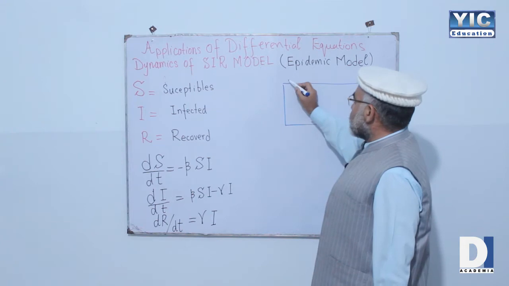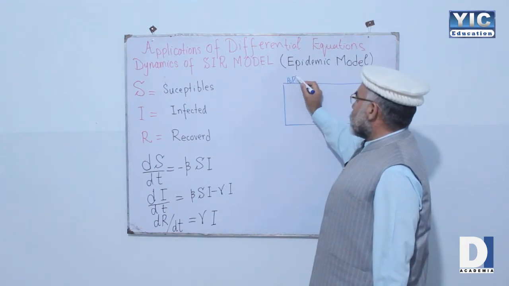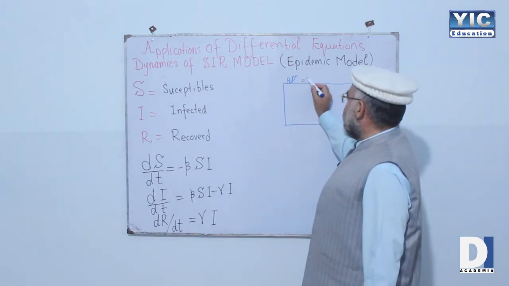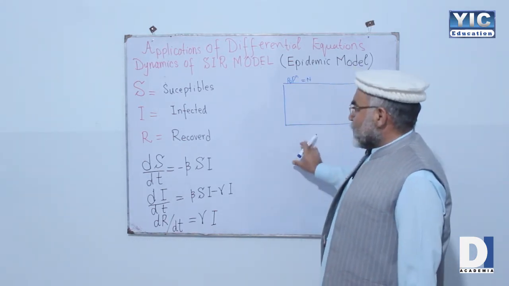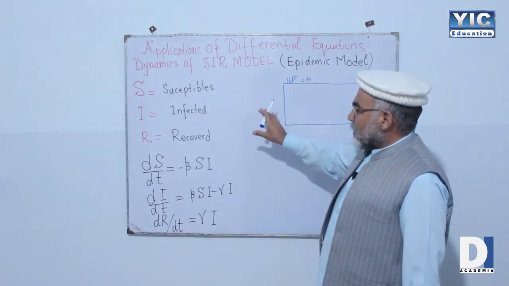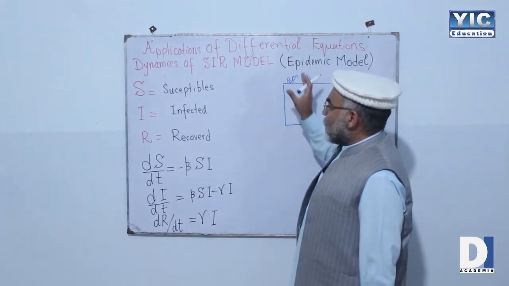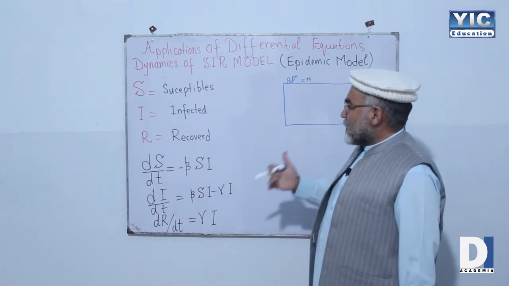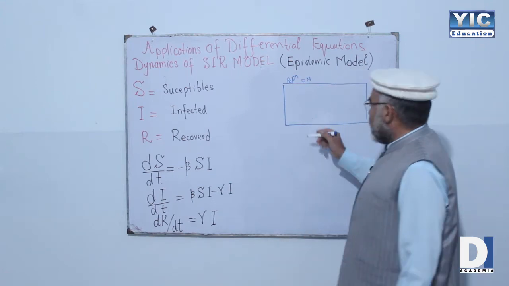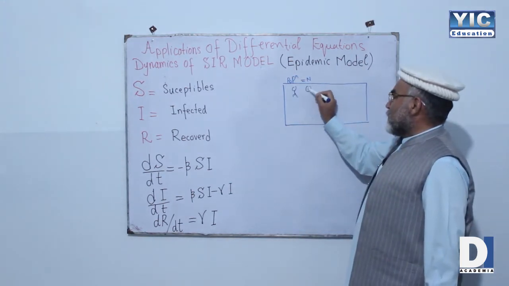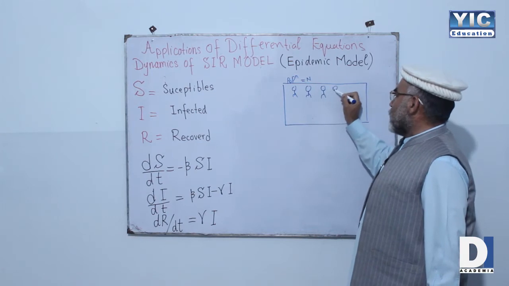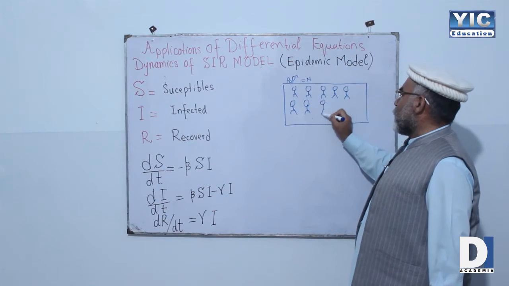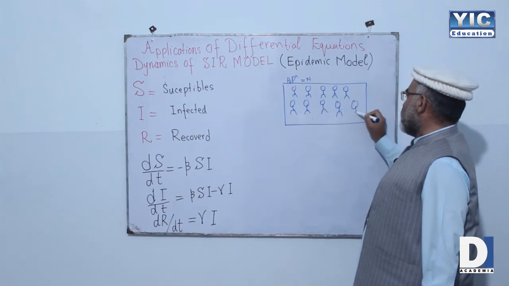Suppose this is the total population of a city or a country, and let this be equal to N. This topic is about an epidemic disease, a disease which is transferable from one body to another. This is the total number of people.